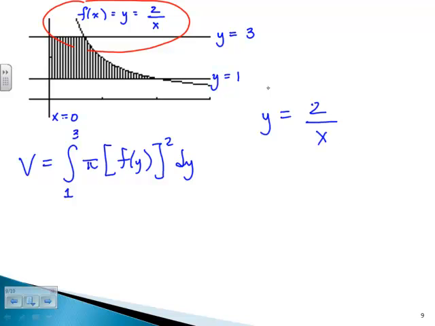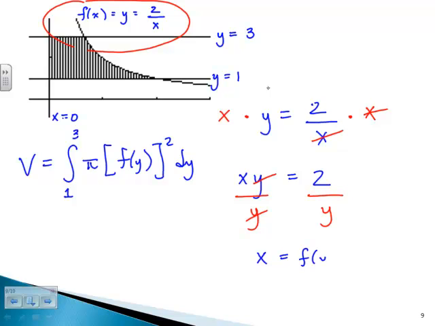To solve for x, we'll begin by multiplying x on both sides of the equation so that the x's on the right-hand side cancel. This gives us xy equals 2. Lastly, we will divide both sides of our equation by y so that the y's on the left will cancel. This gives us x as a function of y, that is, x is equal to 2 divided by y.